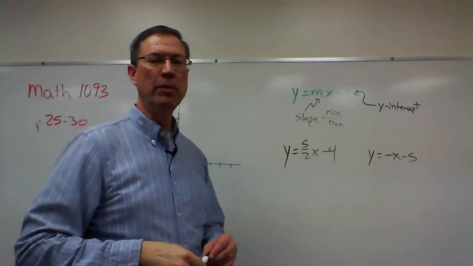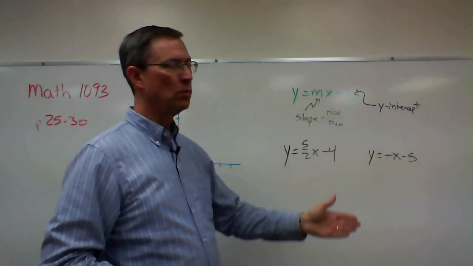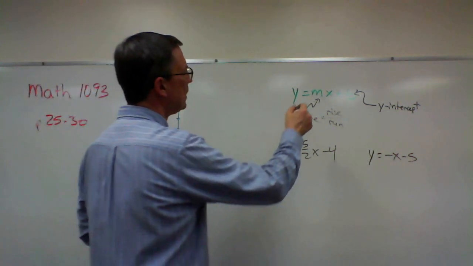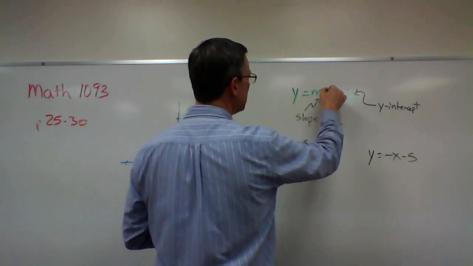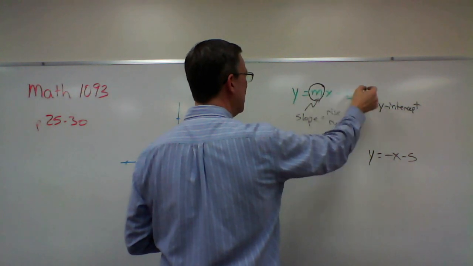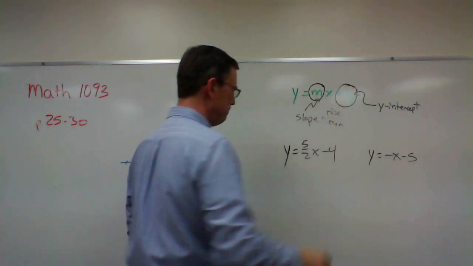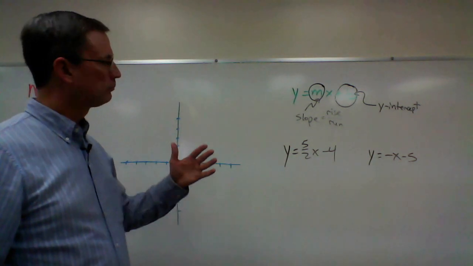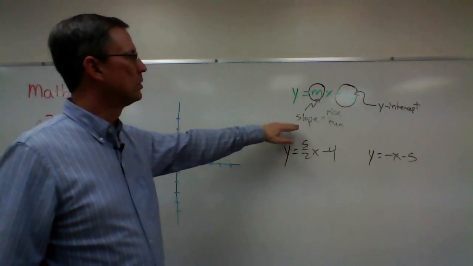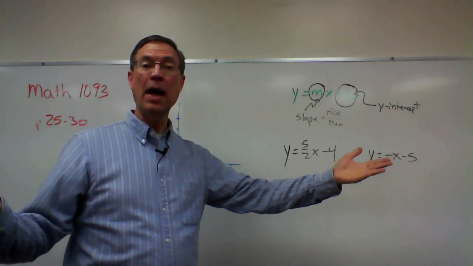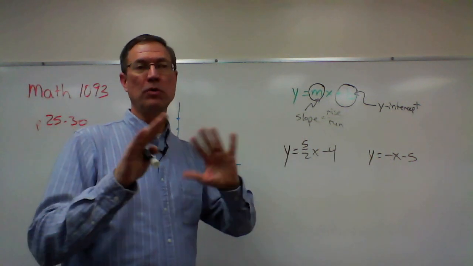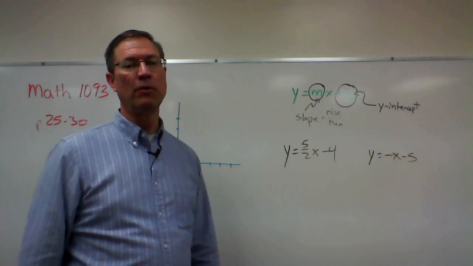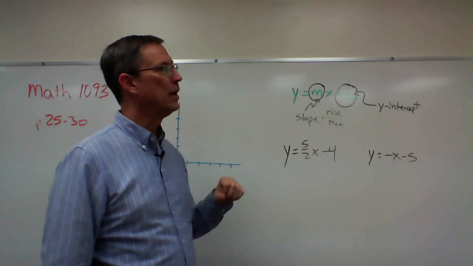In other words, the number where the graph crosses the y-axis. So we'll leave the y and the x in the equation, but whatever the number is here and whatever the number is there, it could be a fraction, could be a number, that is going to tell us the slope and the y-intercept. And from that, we don't even have to graph individual points. We can just immediately put the line on a graph.